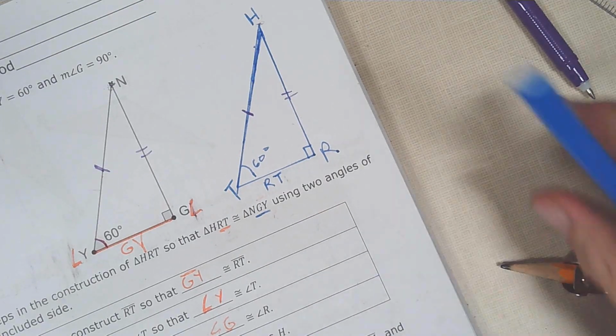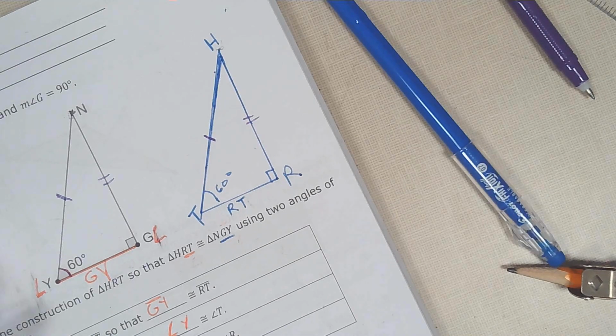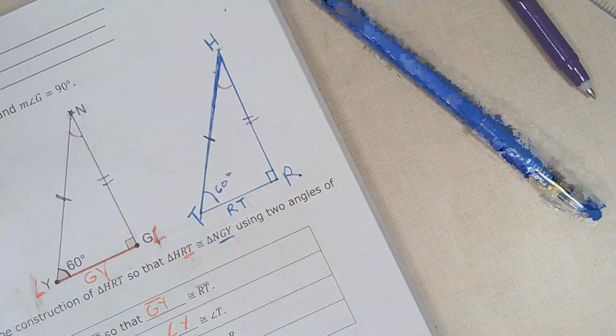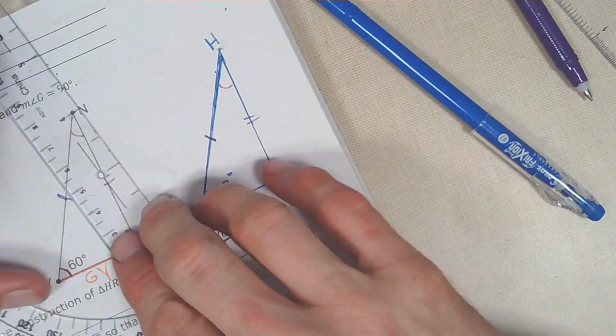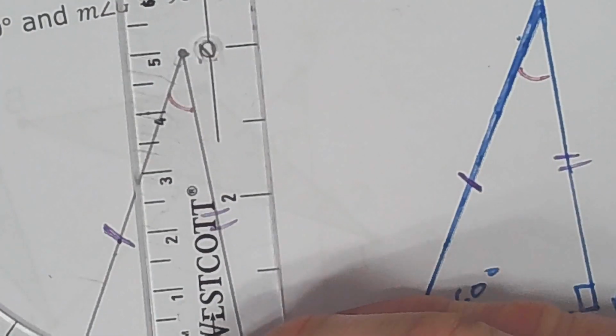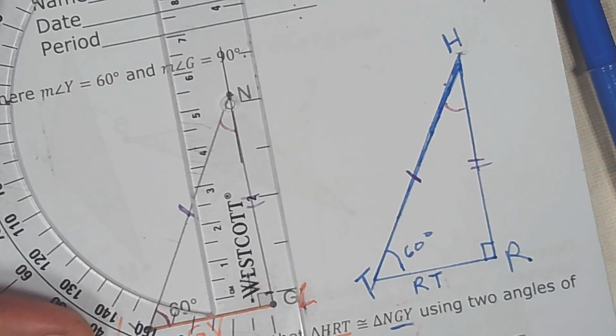And then angle N to angle H, there are 2 ways you could do it. For angle N congruent to angle H, you can use a protractor, right? You put the protractor here. You really can't see that very well, can you? Because I zoomed in too far.